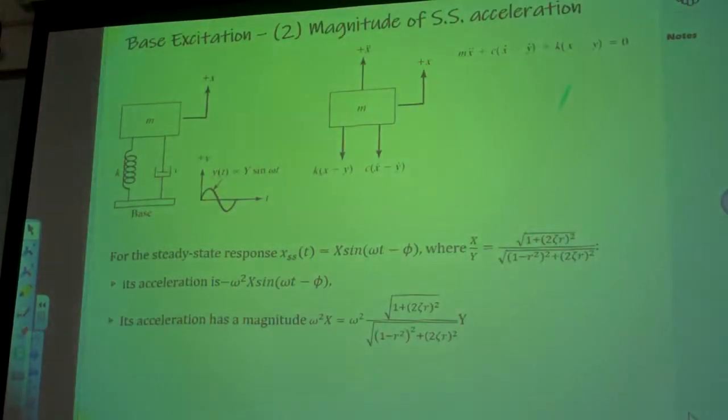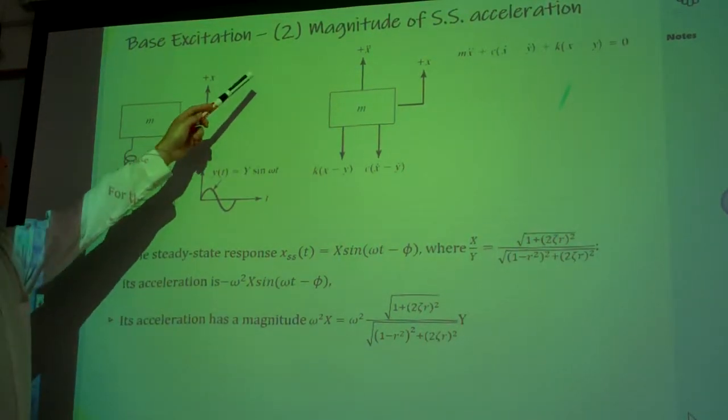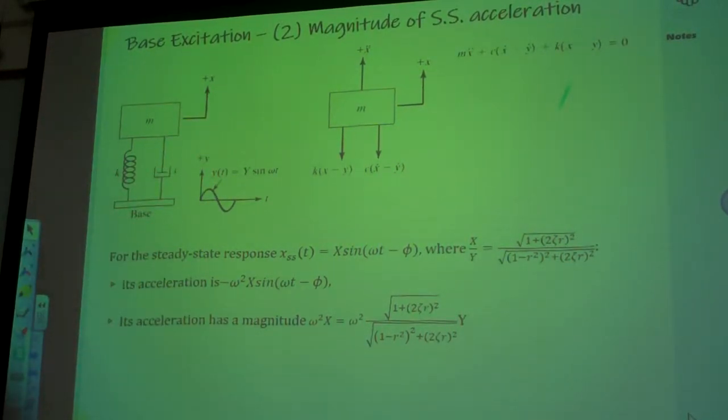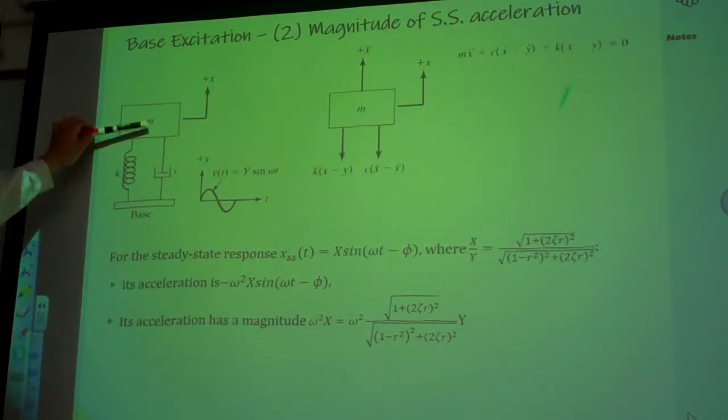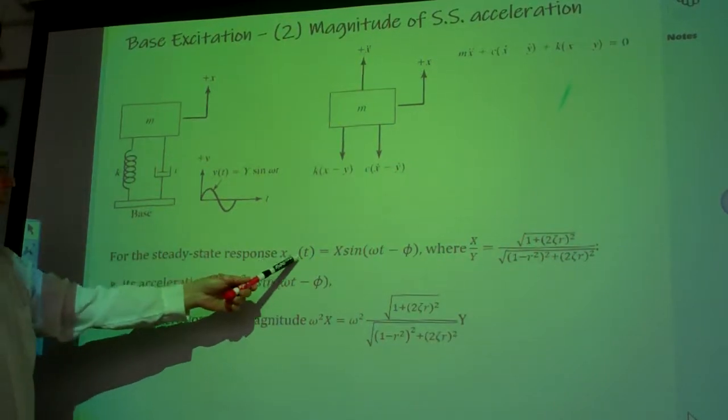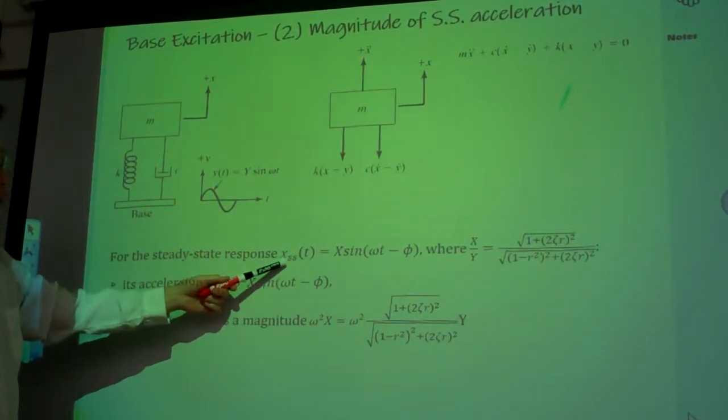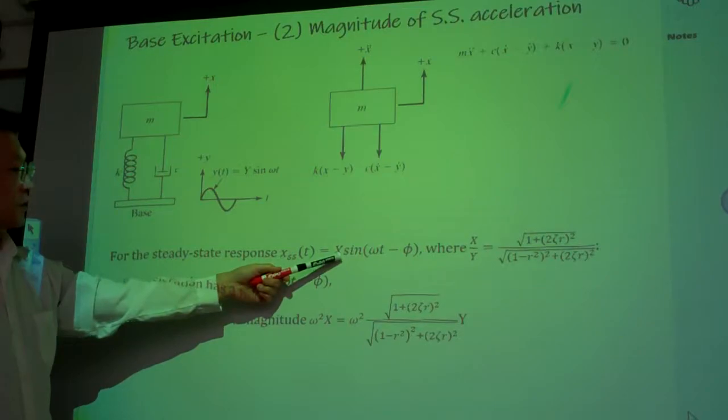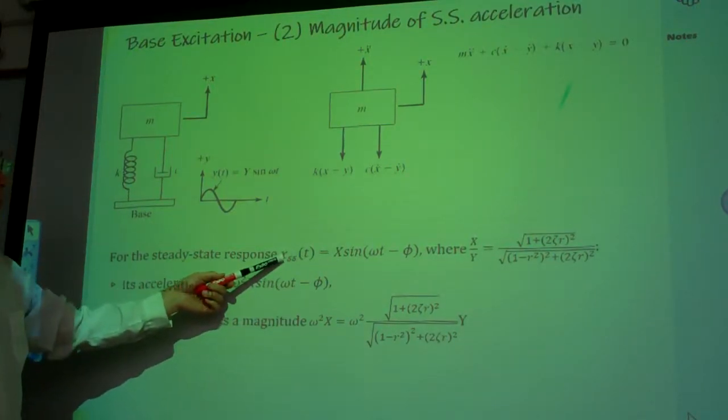The second one we are concerned with is the magnitude of the steady state accelerations. That means we want to determine the magnitude of the accelerations of this term. We have a steady state displacement, then we simply take the double derivative.